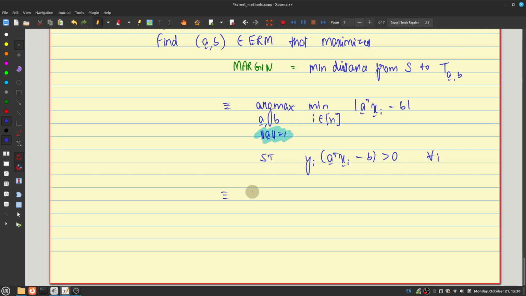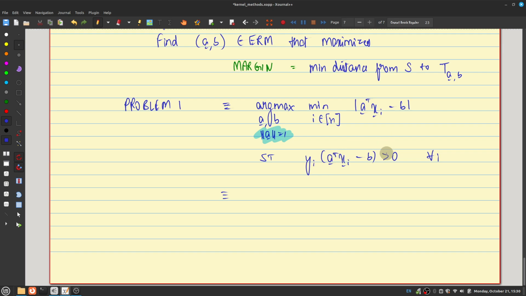I claim that this problem, let me call this problem 1, is finding argmax over all a comma b of the minimum over all i of mod a transpose xi minus b, subject to the constraints that norm a equal to 1 and yi times a transpose xi minus b is greater than 0 for all i.